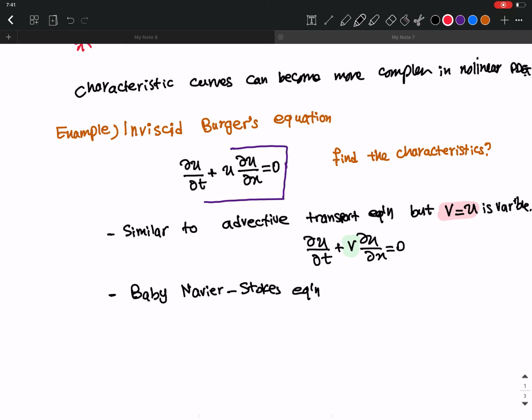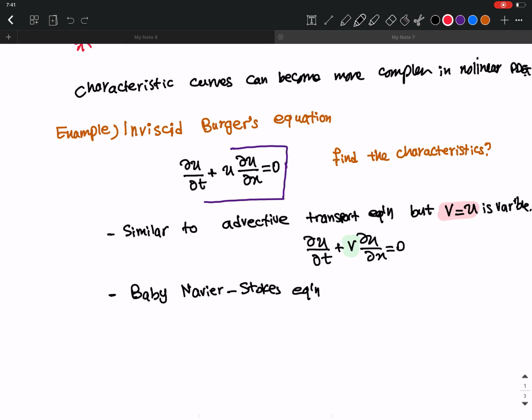If you have a 1D flow, it would be something like u partial u over partial x. But in Navier-Stokes, because it's a three-dimensional equation, this will be in a vector form.